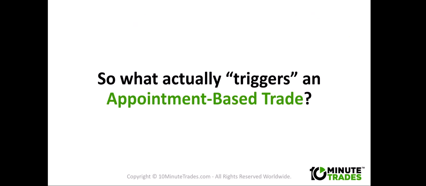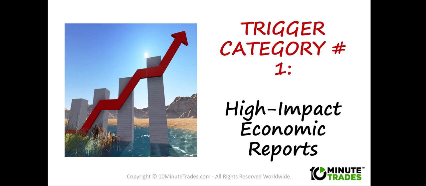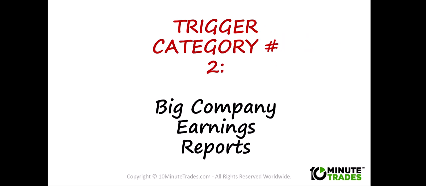There are triggers, and the triggers are what create our opportunities. So there are categories that we look at for the triggers. High impact economic reports: a GDP report, a jobs report, a CPI report like we had today, PPI tomorrow, for instance. Trigger category number 2 might be big earning reports. Like I said, tomorrow we're going to trade JP Morgan.